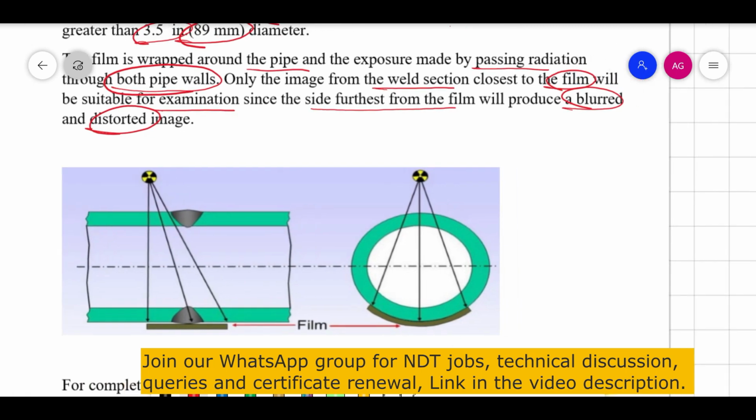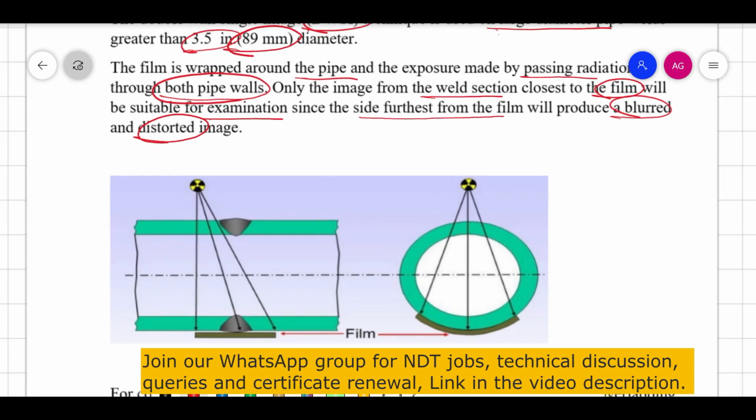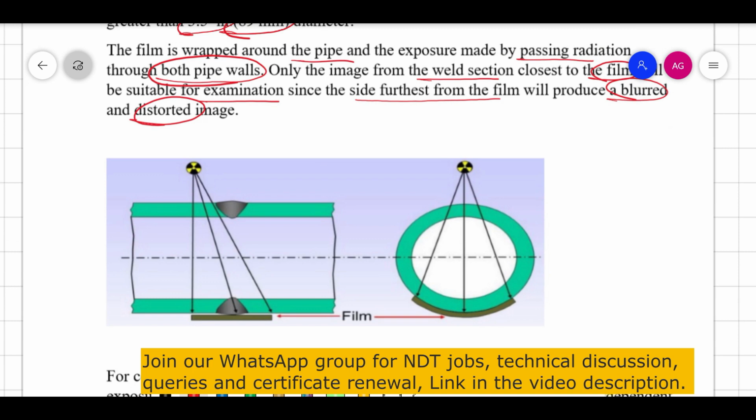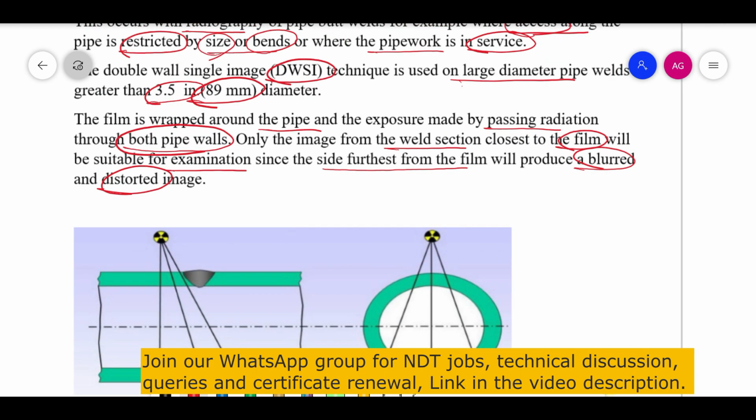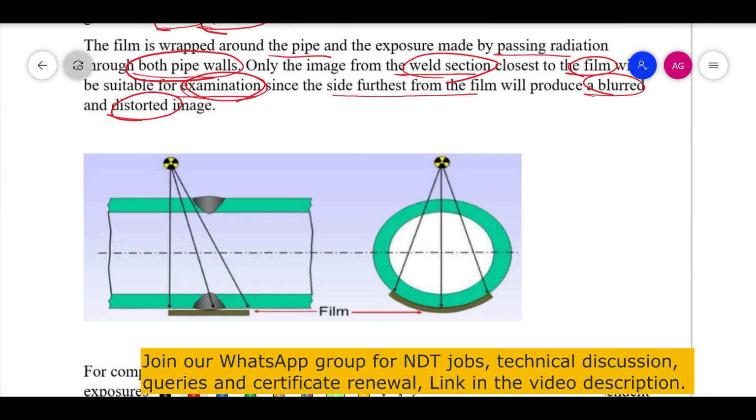Radiation is passing through both pipe walls, so both pipe walls' images are there in the film. But we have to keep in mind that only the weld section closest to the film is suitable for examination, and the weld section closest to the source is not suitable.